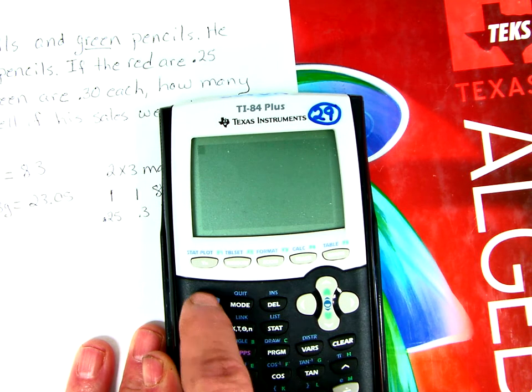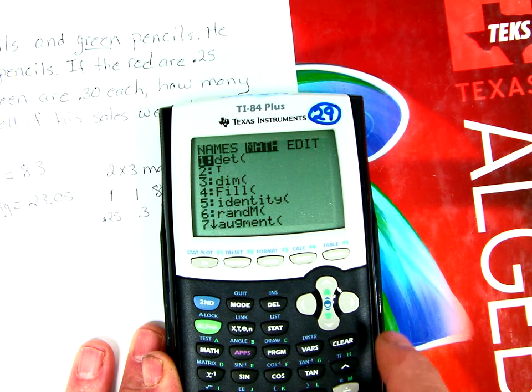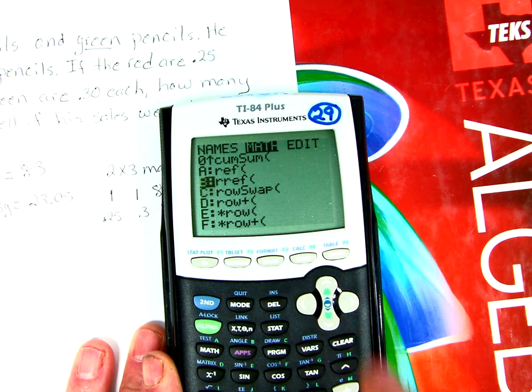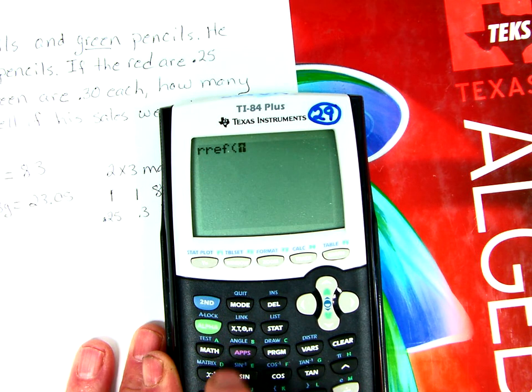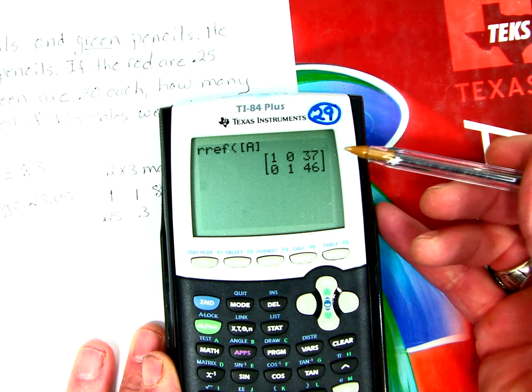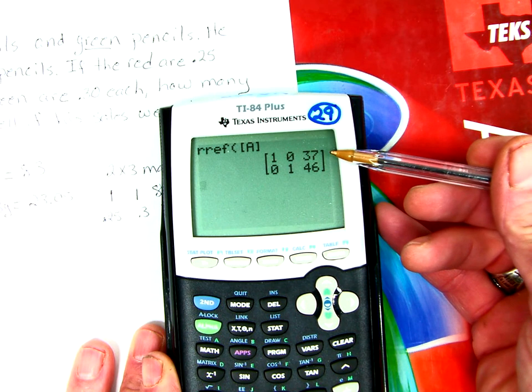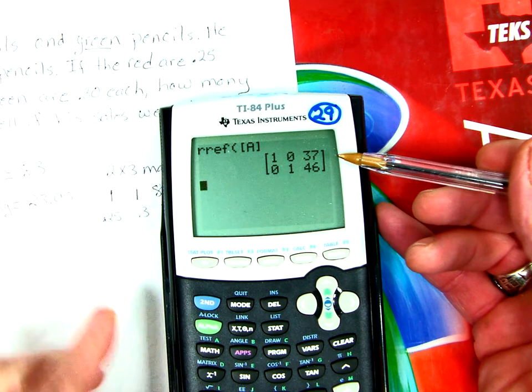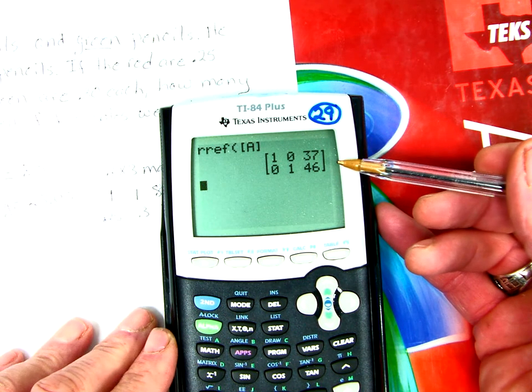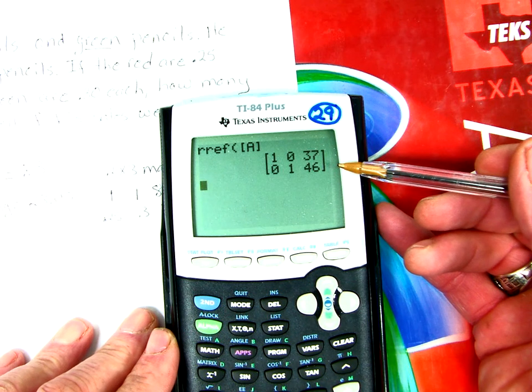Second mode, second matrix, math, option B, second matrix, enter, enter. And the answer is, he sold 37 of whatever letter comes first and 46 of whatever letter comes second.